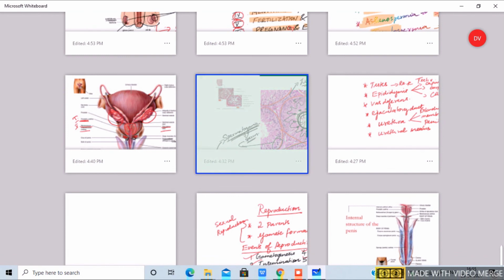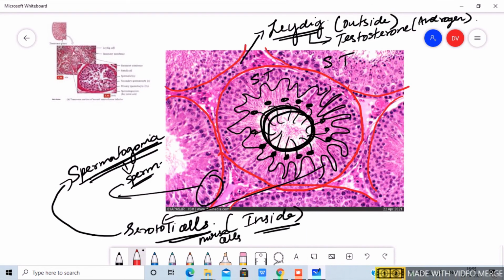And this beautiful picture I showed you to understand what is meant by Sertoli cells, Leydig cells, and spermatogonia. Leydig cells are present outside the seminiferous tubules, very important, whereas Sertoli cells are present inside the seminiferous tubules.